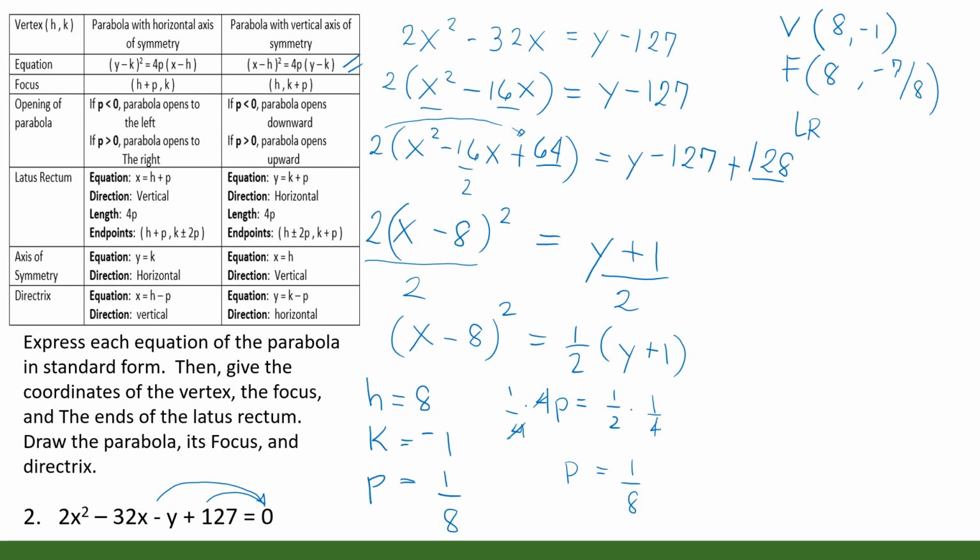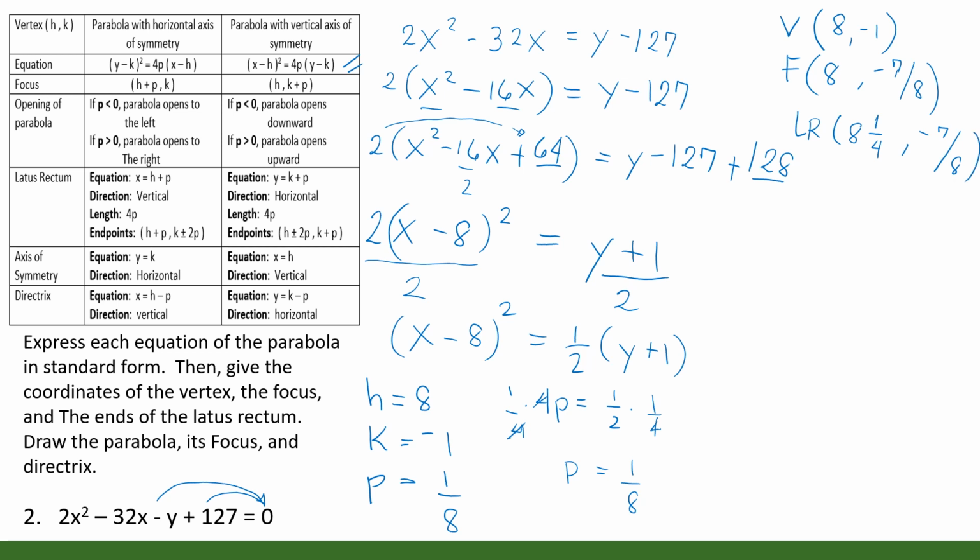And then the ends of the latus rectum. What are the ends of the latus rectum? At first we have h plus 2p. So we have 8 plus 2p. 2 times 1/8 is 1/4. So 8 and 1/4, then k plus p. What is k plus p? Negative 1 plus 1/8 is negative 7/8.